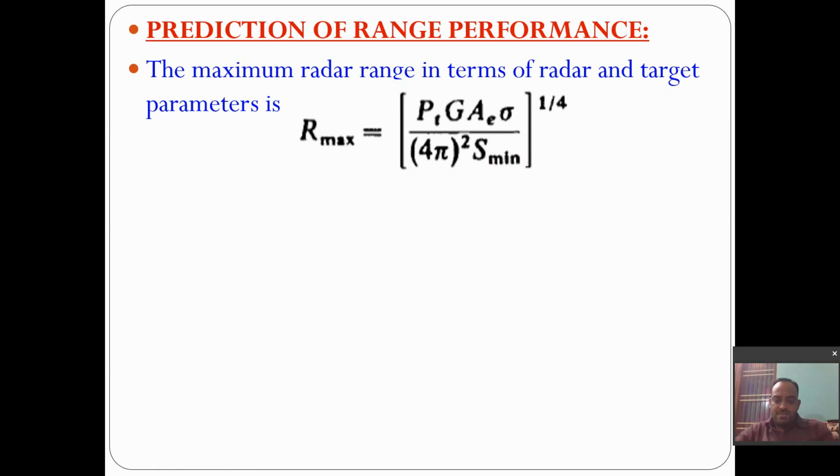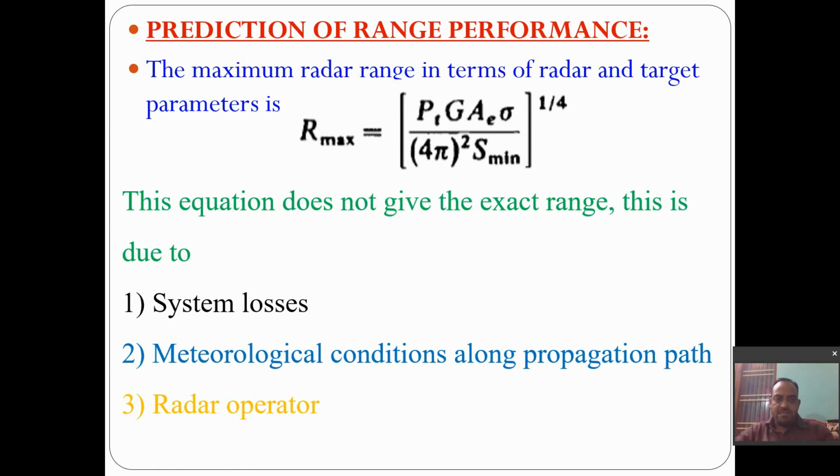Other than these four conditions, there are some other factors which affect the radar range performance, such as system losses. Generally, we design a system with particular parameters, which are not practically the same as designed, because the system temperature rises after a particular time of continuous use.